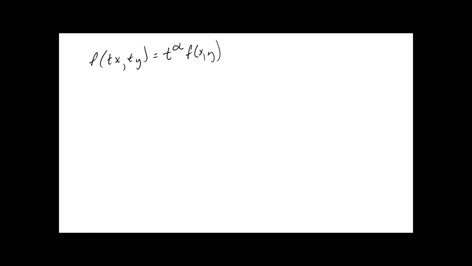Now you might say, where in the world would that come from? Well, if your function has that characteristic, then it's called a homogeneous function, for some real number alpha. If that's the case, then f is said to be homogeneous of degree alpha.